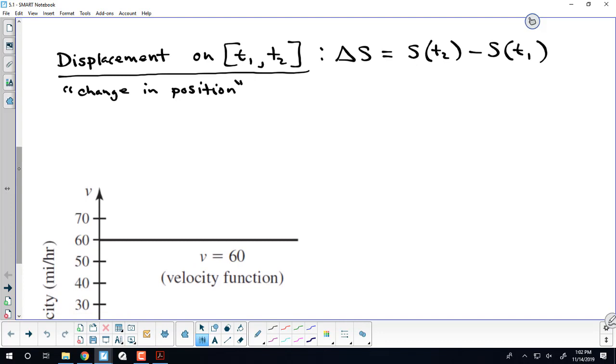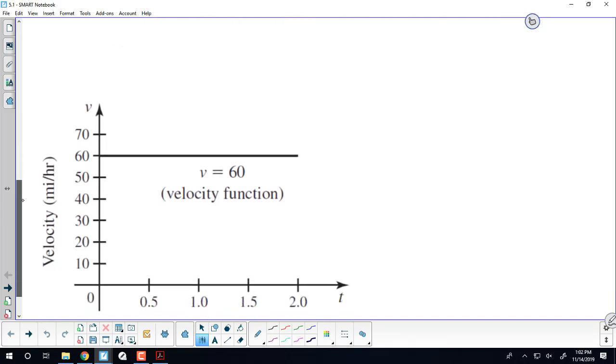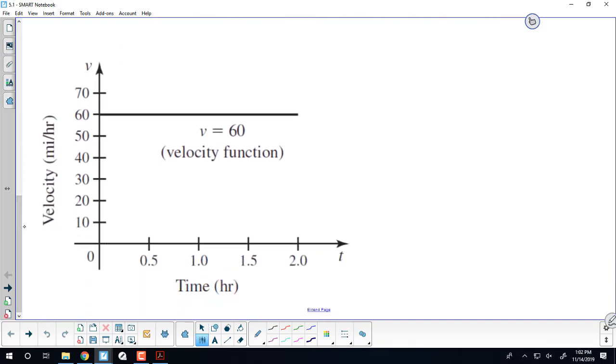And I guess one physical interpretation of that is if we looked at displacement. If you remember, displacement is just a change in position, so from time 1 to time 2, displacement is the difference in the positions at time 1 and time 2. So this is just kind of motivating the area under a function discussion.